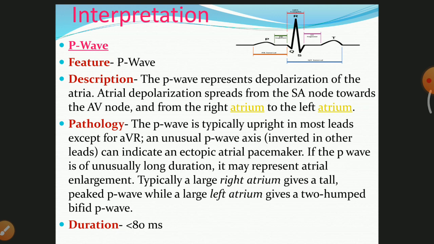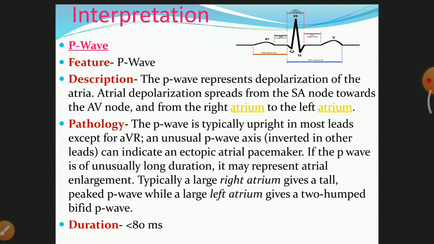If the P wave is of unusually long duration, it may represent atrial enlargement, because each wave has a specific time and specific structure. There is enlargement of the auricles if the wave is of long duration.